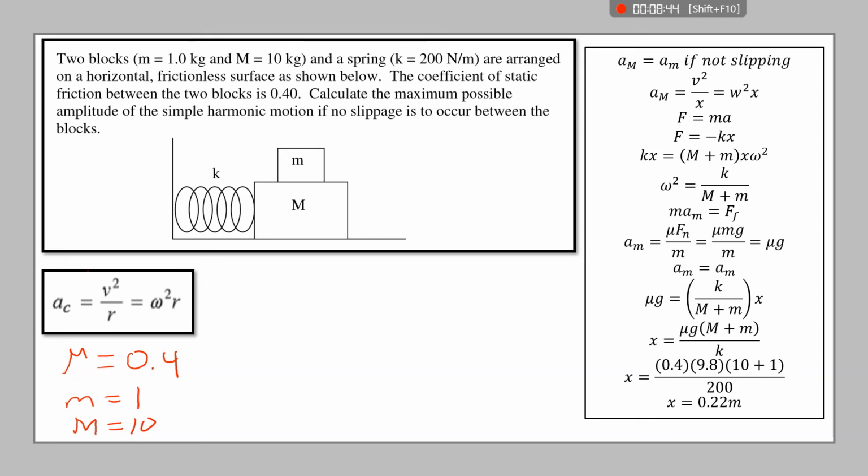Because our periodic motion is constantly moving. So if I had a circle, we could model that with a sine function, right? So the acceleration that's pulling me back to the center point, that's pulling me back to equilibrium, can also be thought of as centripetal acceleration. But that means my radius, my distance to the center point, is going to be my displacement from equilibrium.